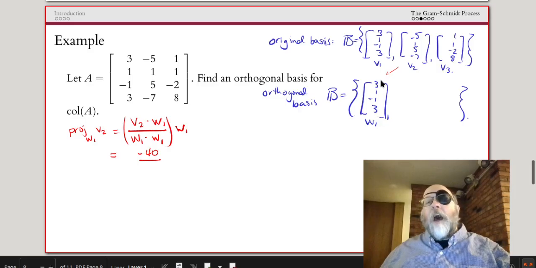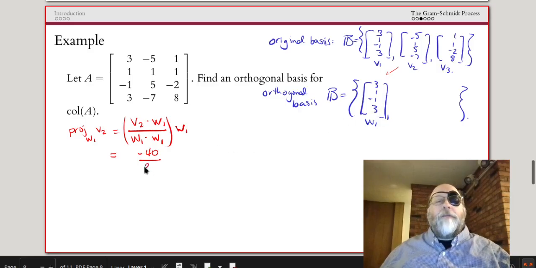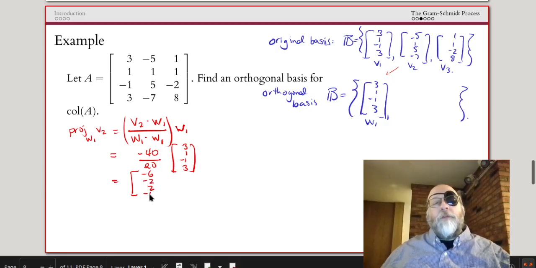And w1 dot itself is 9 plus 1 plus 1 plus 9, and that's 20. And w1 is 3, 1, -1, and 3. So we're just taking -2 times this vector. -2 times 3 is -6. Then -2, then +2, then -6.